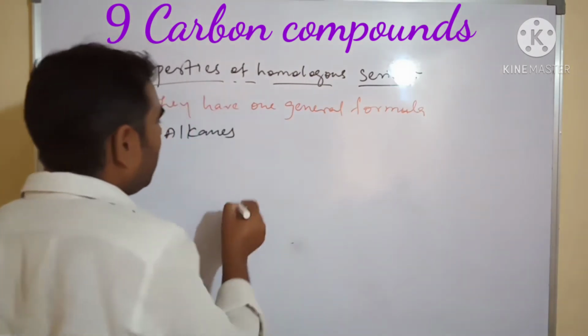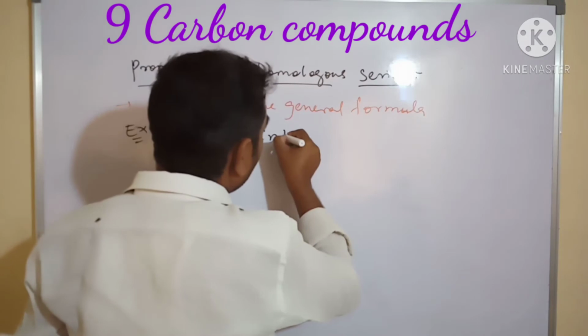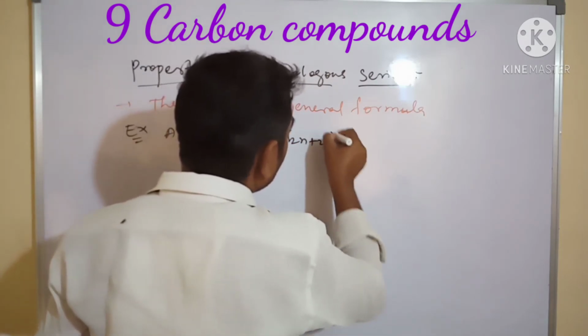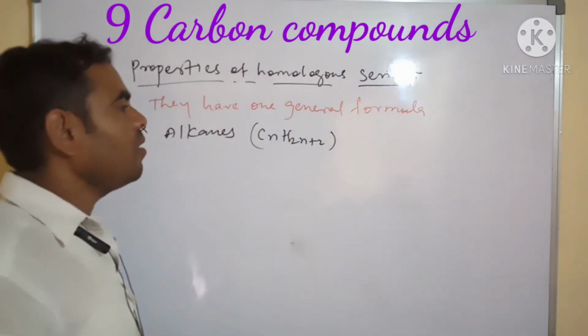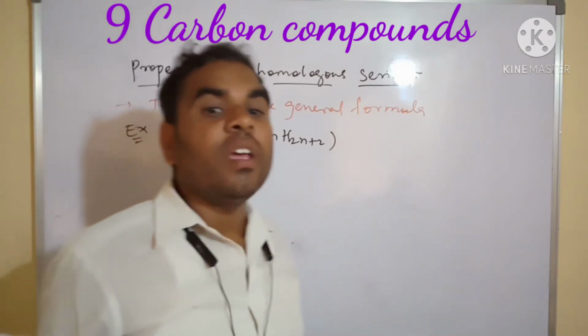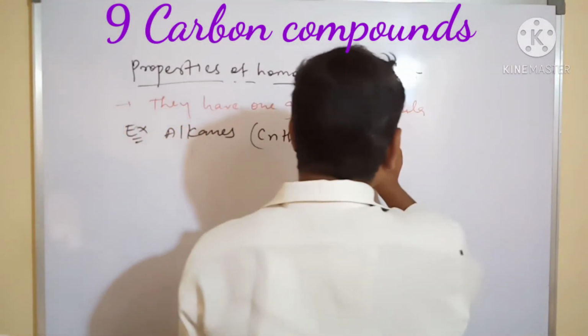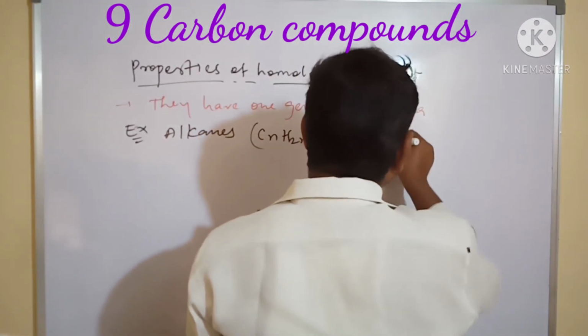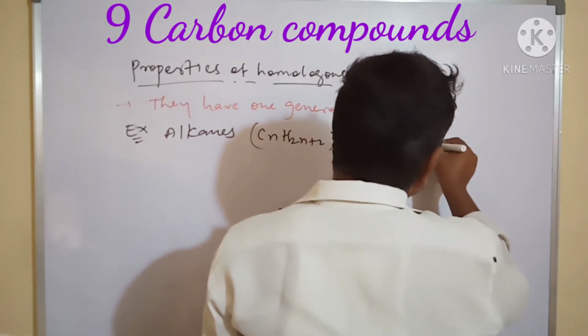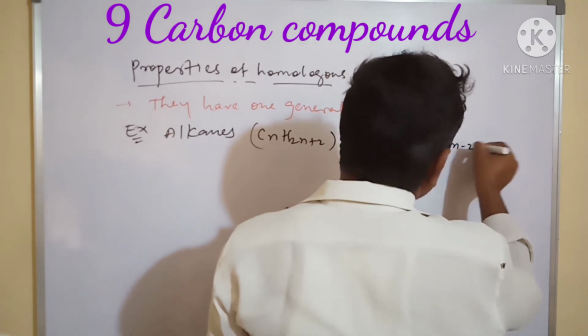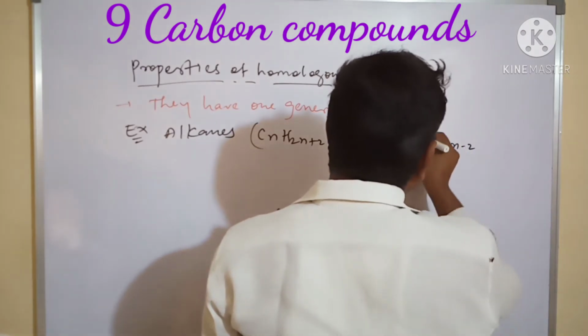What is the general formula of alkane? CnH2n plus 2. So that is the general formula of alkane. Next, alkynes: CnH2n minus 2.